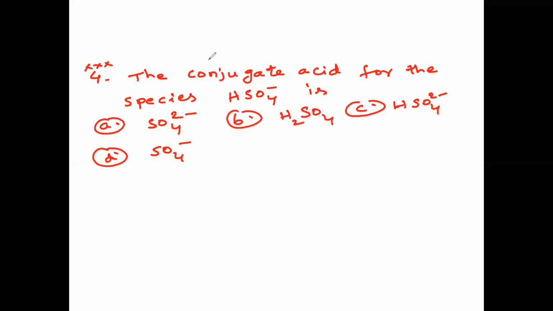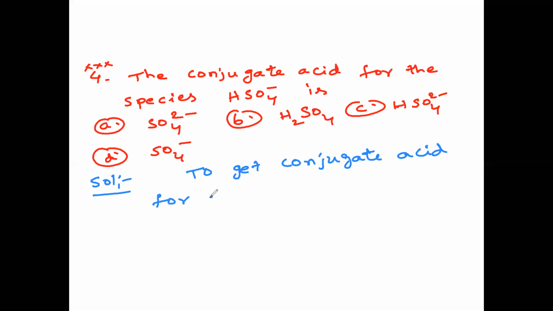So with this, now I'm writing the solution in blue pen. So solution, we can see here straight away. To get the conjugate acid for a given species, add H plus, simple.